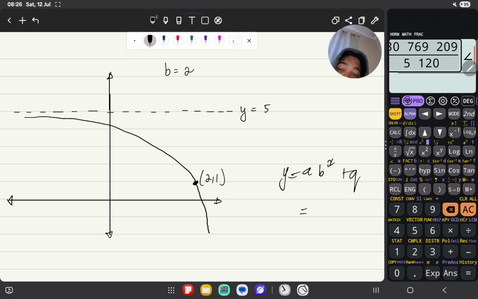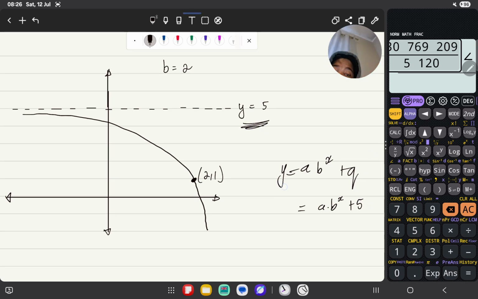You have a b to the power of x plus 5. This is where the 5 is coming from, right? And I made a note here that b equals 2, so you have a 2 to the power of x plus 5.